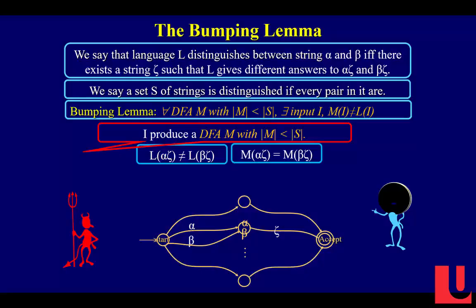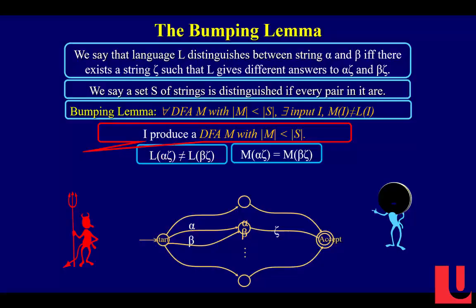So here, we want to understand why the goal is to prove that 0^n 1^n isn't computable by a DFA, right?